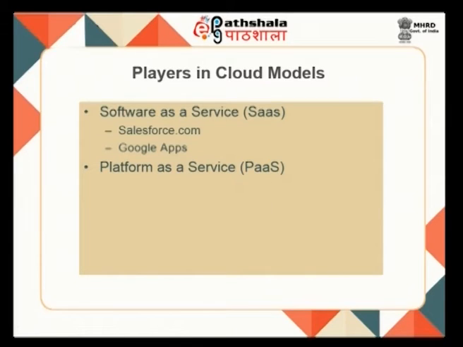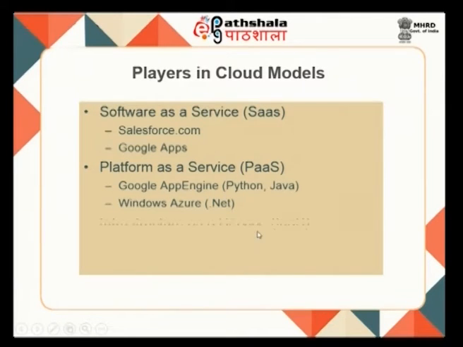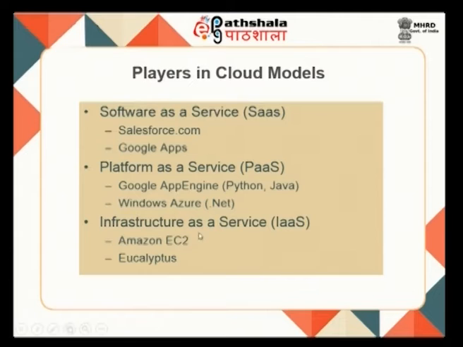Next we will see the PaaS model, and the major players in this are Google App Engine, using Python, Java we can develop platforms and applications, and Windows Azure, using which .NET applications can be developed. And in the last part we will see infrastructure as a service players. There we have Amazon EC2 and Eucalyptus as 2 such players.